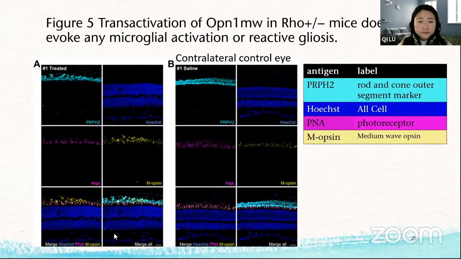There's a little increase in the outer segment, although here we cannot judge that it is increasing very dramatically with the naked eye.